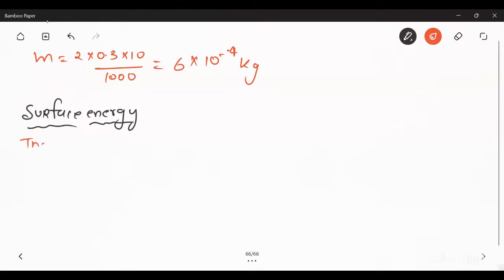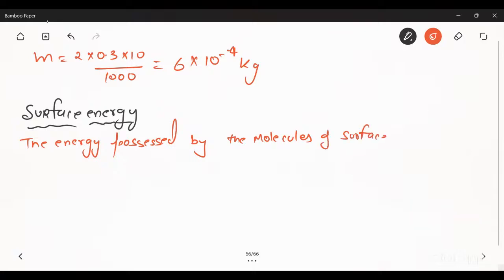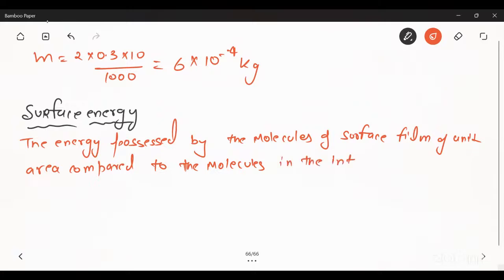The energy possessed by the molecules of the surface film of unit area, compared to the molecules in the interior, is called surface energy.